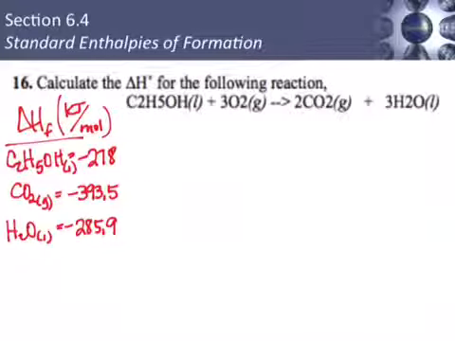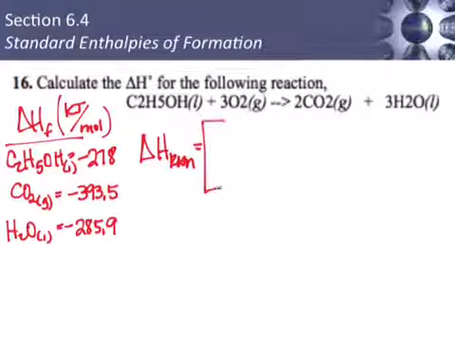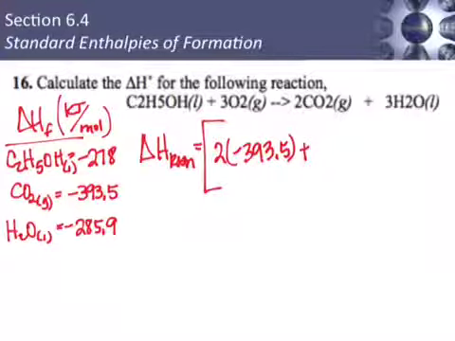So that's our information. Now it wants to calculate the delta H for that reaction. So delta H of the reaction is sum of the products minus the reactants. So 2 times CO2's value, which is negative 393.5, plus the 3 from water, which is negative 285.9.